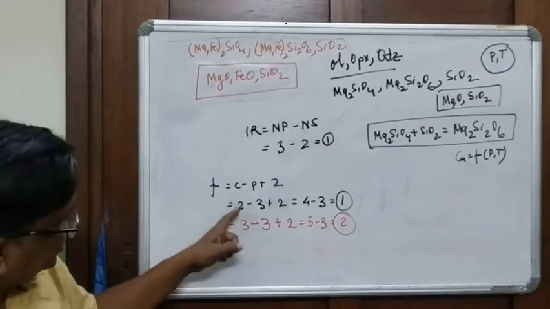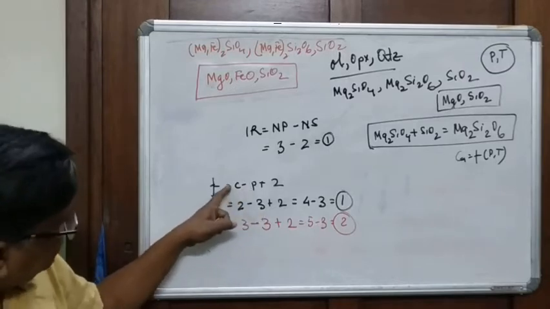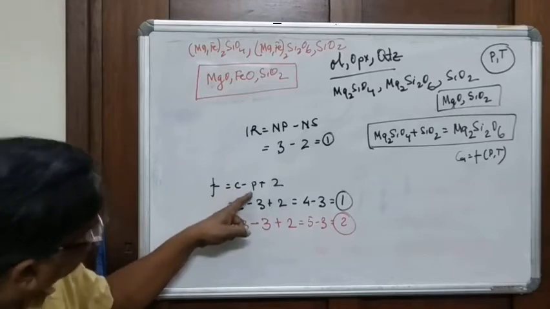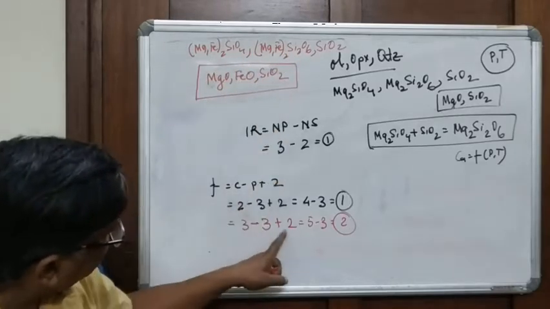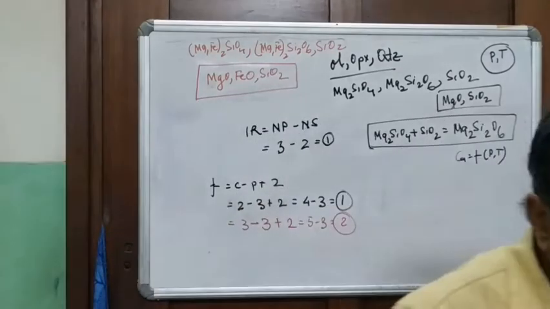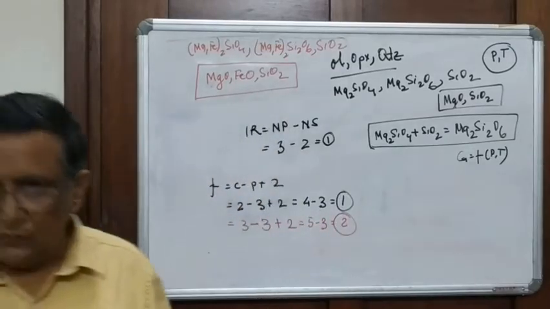System components are 3, the number of phases remains the same, 3, plus 2, 5 minus 3 is equal to 2. So the Gibbs phase rule says the variance is 2.